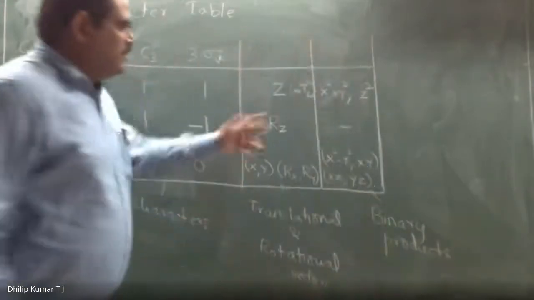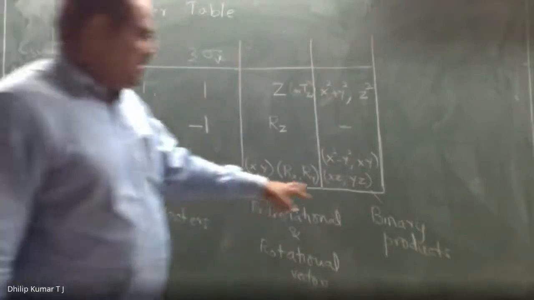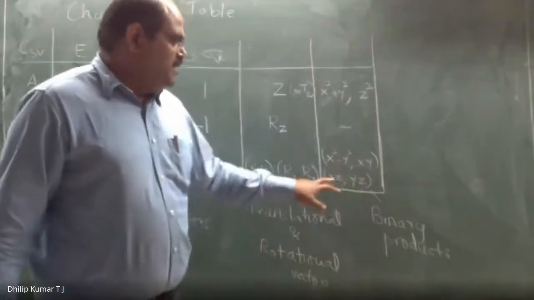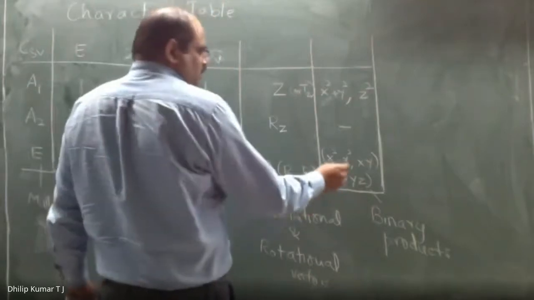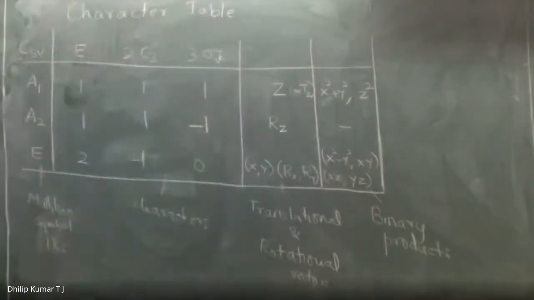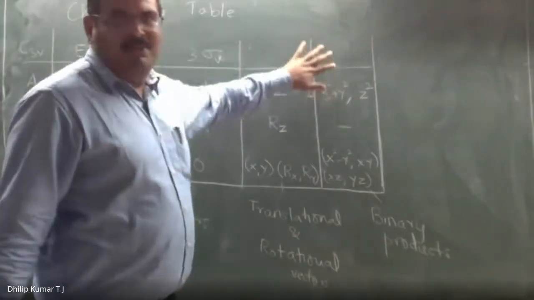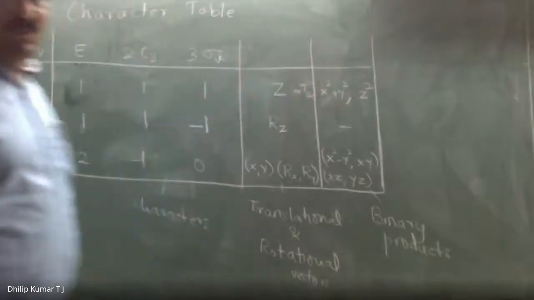You can make it out from the last column that these are also d orbital shapes: d z square, d xy, yz, zx, and d x square minus y square. And d x square plus y square, of course, is not a d orbital, but group theory predicts the shape of the x square plus y square also.